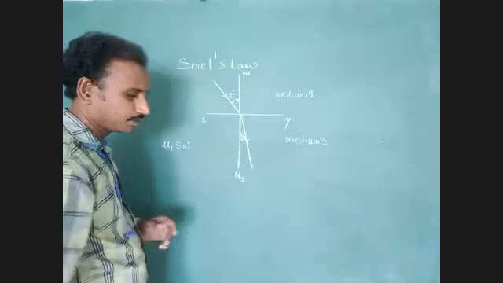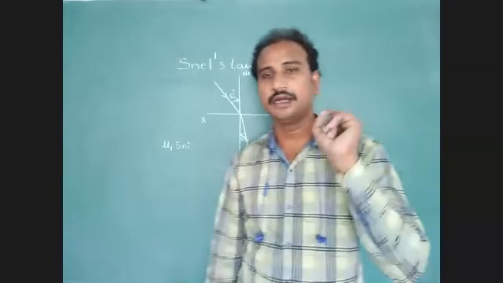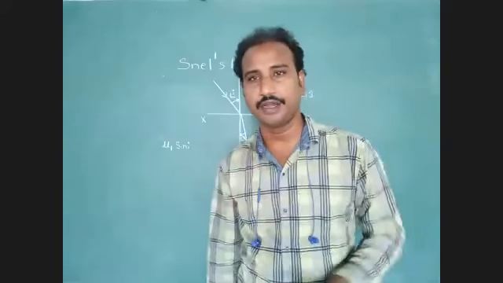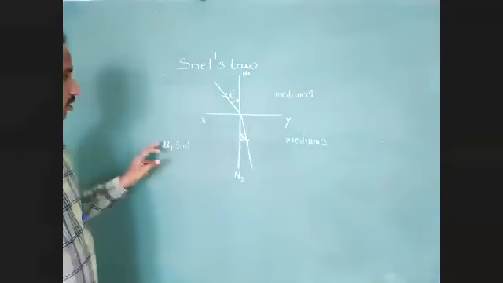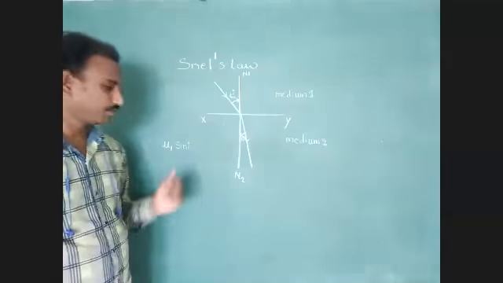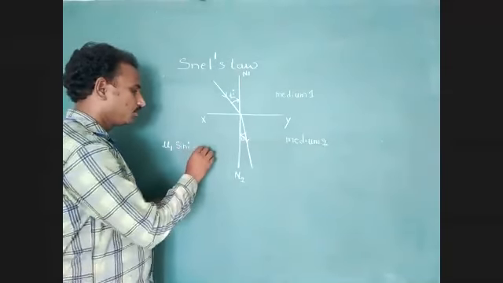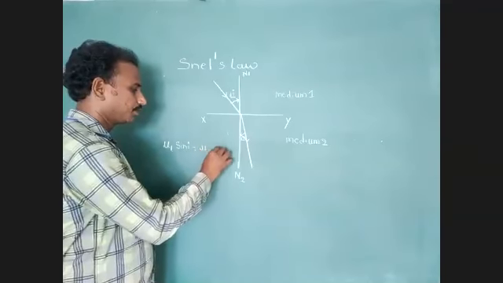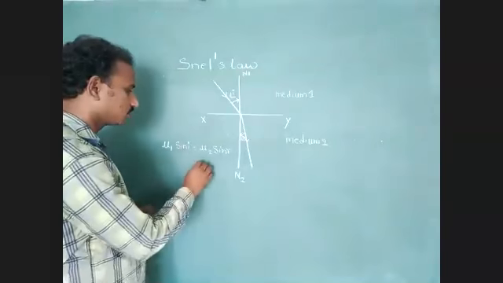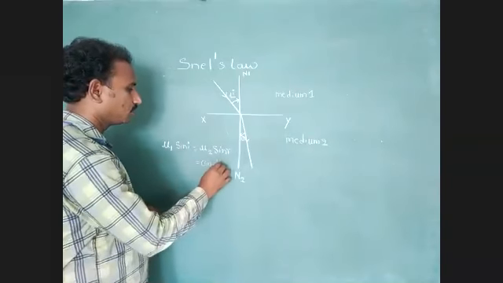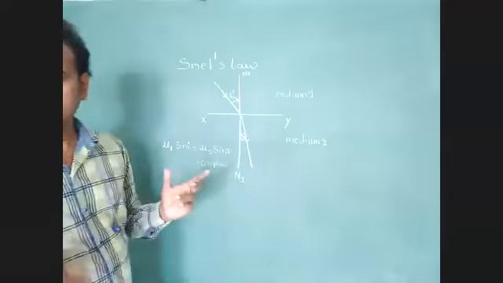Optical medium, optical density, and refractive index are three similar words. Here the optical density of the first medium is mu1, and mu1 sin I equals mu2 sin R. That is equal to a constant.